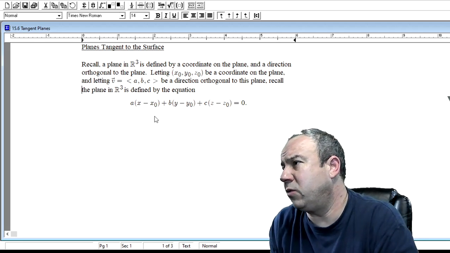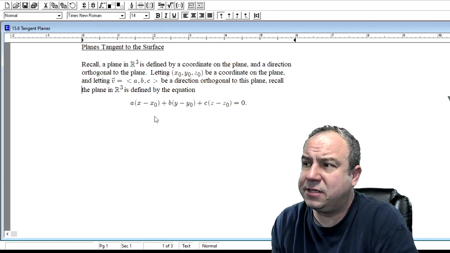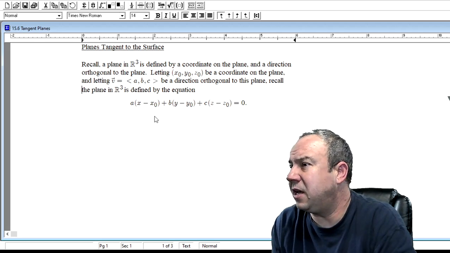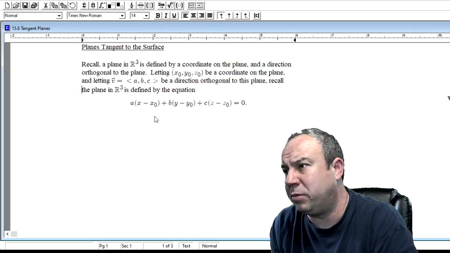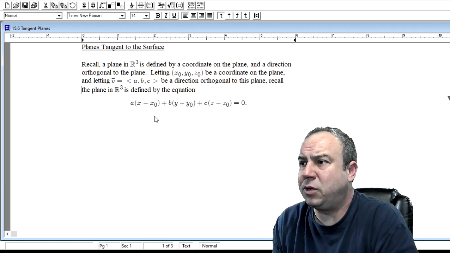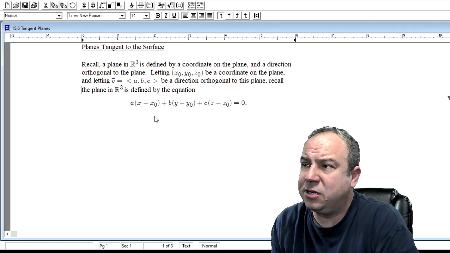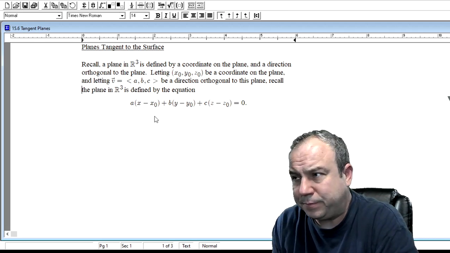Second of all, we are going to recall a little bit from our previous calc study of planes in three-dimensional space, and we're going to use our understanding of the plane in three-dimensional space to build the equation of the plane that's going to be tangent to our surface.